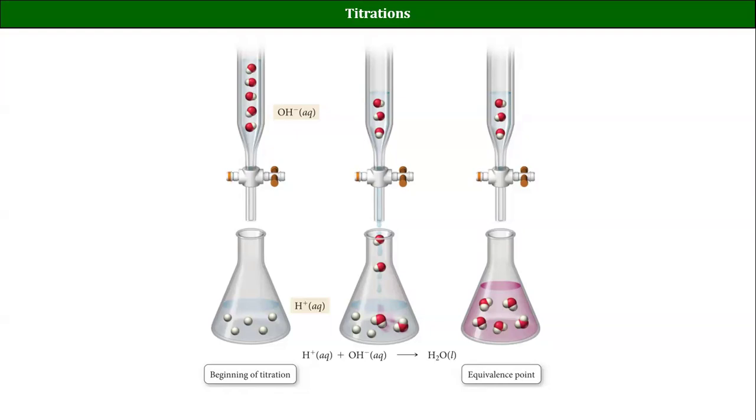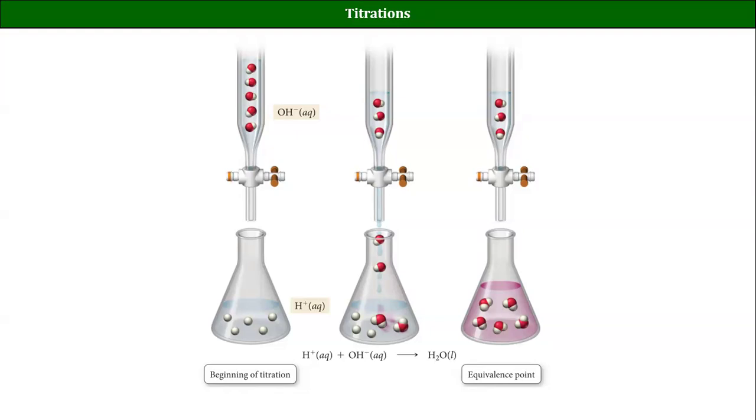So let's say we did this experiment and we saw a color change, which is usually our equivalence point. The way we know we reached the equivalence point is we'll put a chemical called an indicator in there, just a couple of drops of an indicator that changes color based on pH. As soon as you see a color change and that color change stays, it's going to go from colorless to pink in this case. The most common indicator that we use is called phenolphthalein.